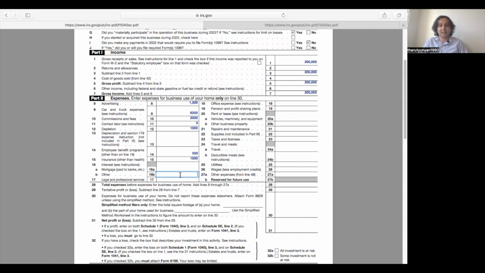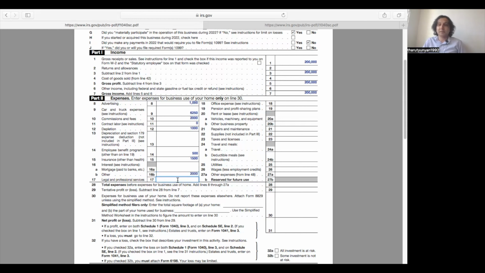That will be deductible under other, right? And by the way, if you have a car loan and the car is being used for your business, interest on the car is also deductible, right? So let's say she has a credit card debt of $10,000. That's a business credit card, and she paid $2,000 in credit card interest.